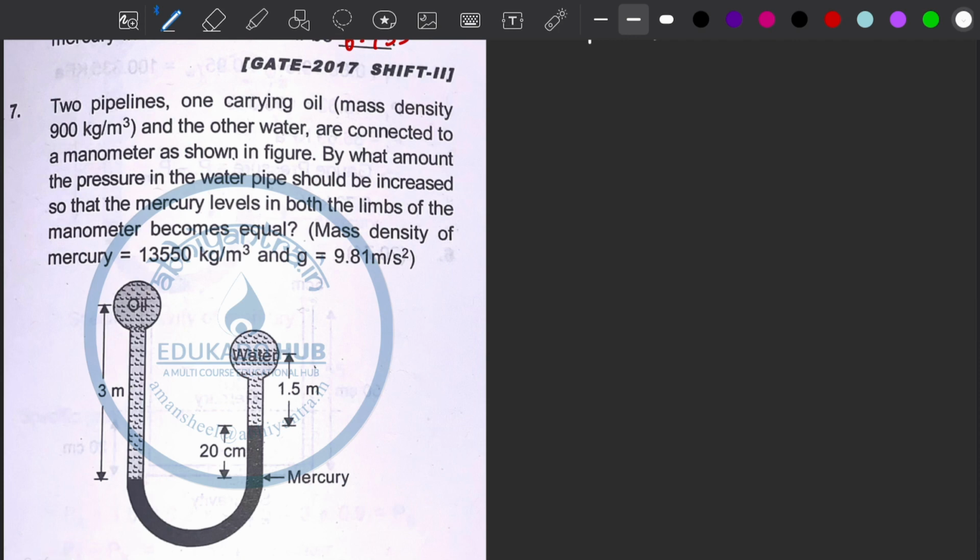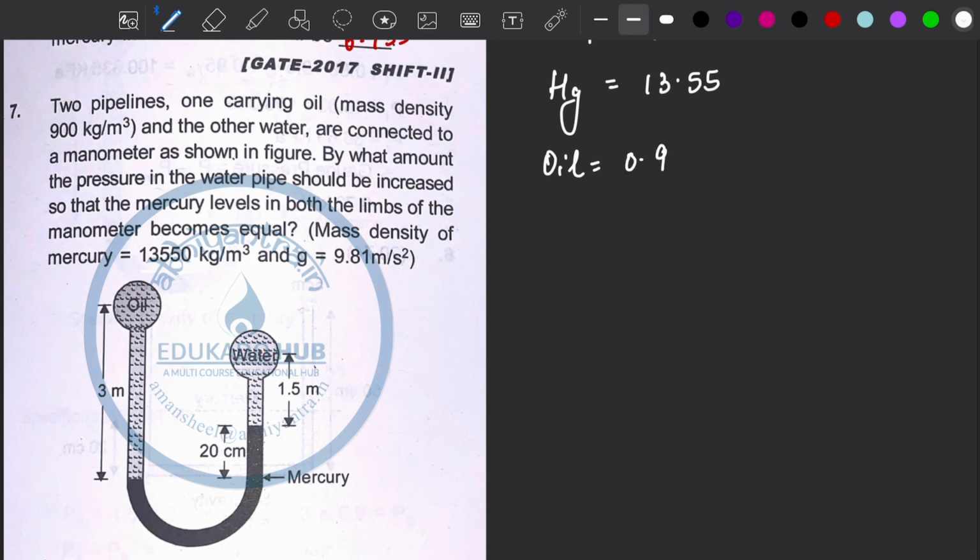So see, when the things are not normal, first they have given 13550 as the mass density. So the mercury specific gravity will be 13.55. And the oil specific gravity is 0.9, right?